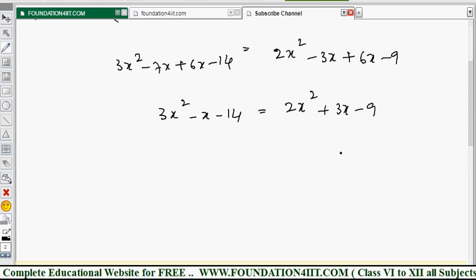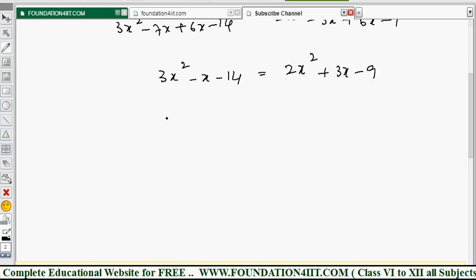Now take all the terms to the left side because we need to convert it to general form. So 3x square minus 2x square, minus x and 3x from this side becomes minus 3x, minus 14 already on the left side, and this is a plus 9. When you take these three terms to the left side, change the sign, right?